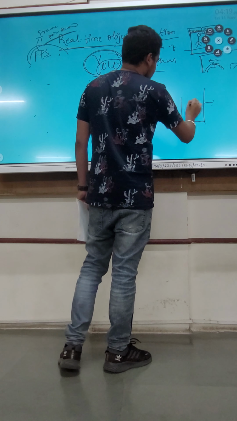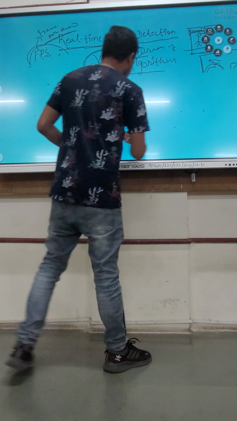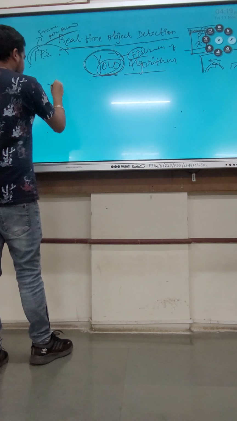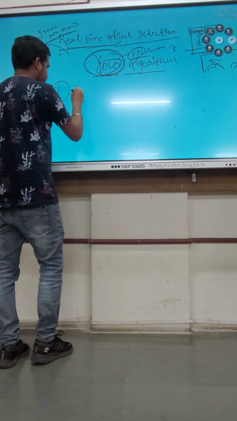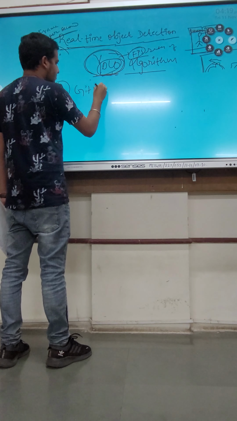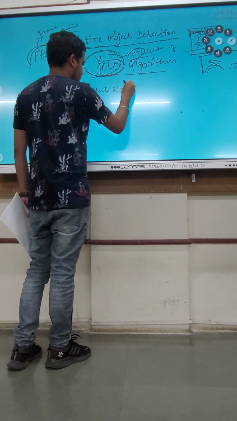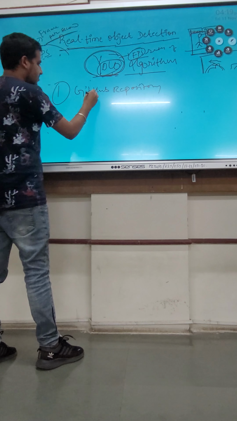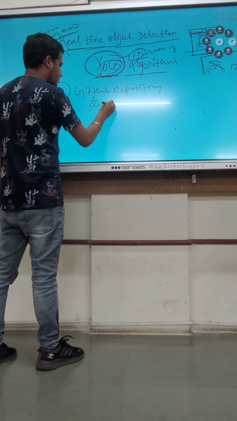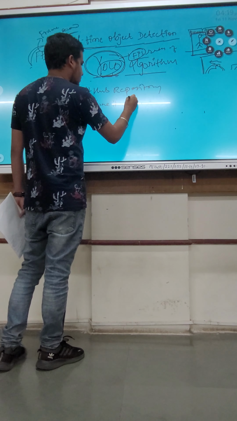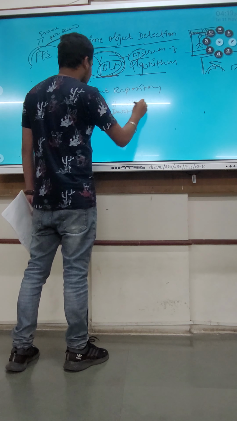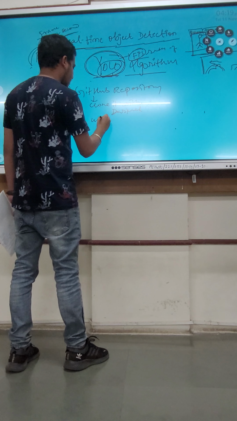I will go with the first one. The first one is to make a GitHub repository and clone it with darknet using Google Colab.